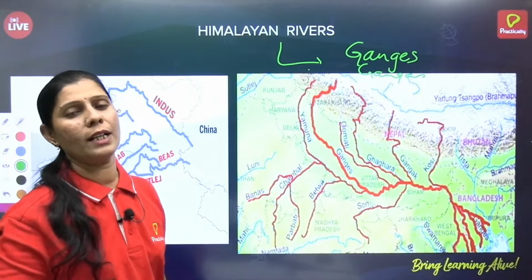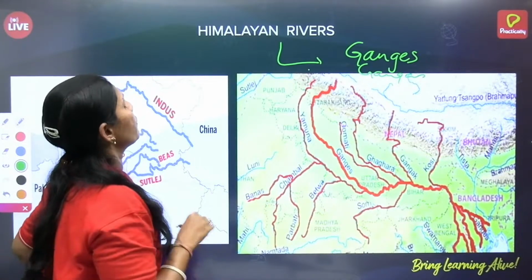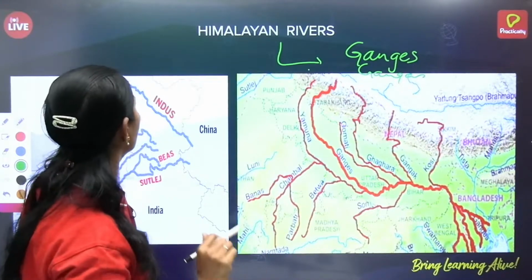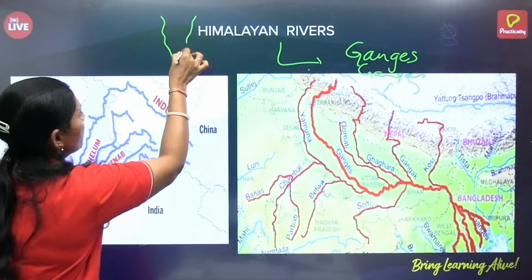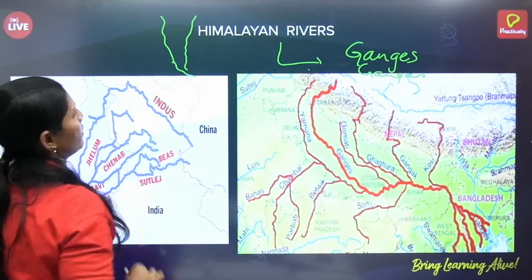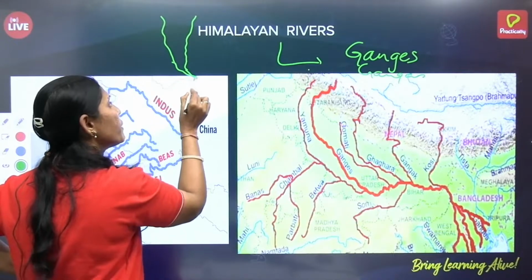We do not call it the Ganga River from its origin place. Two streams in their courses form into the river Ganga. I'll show you.